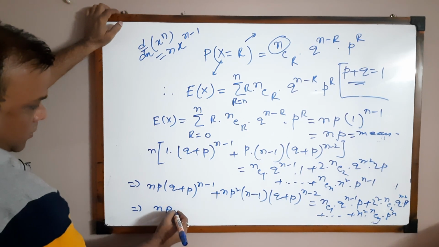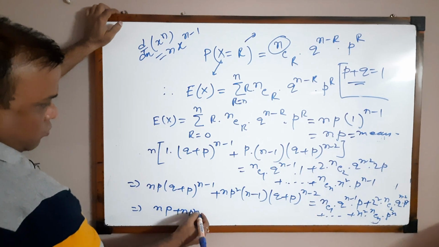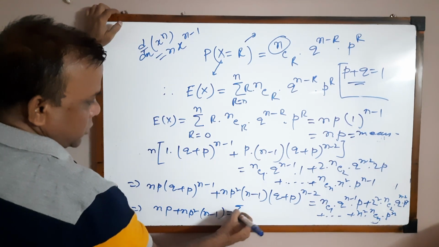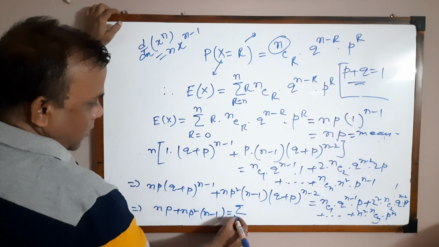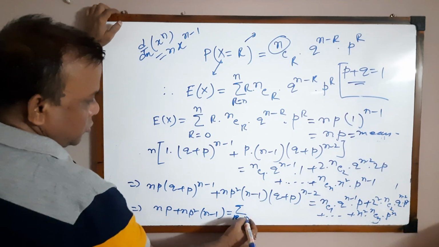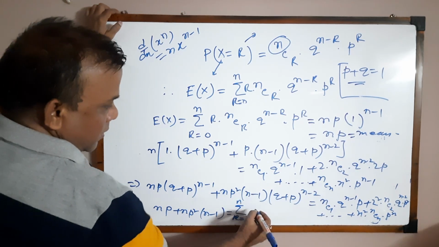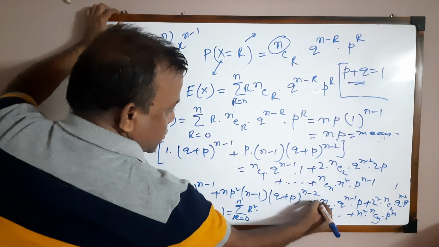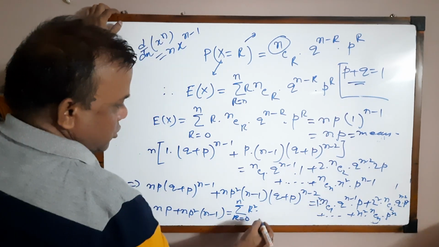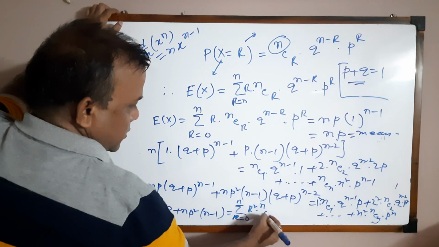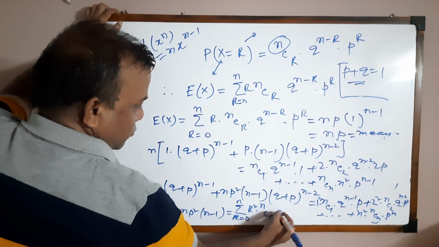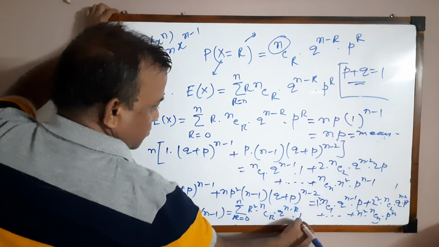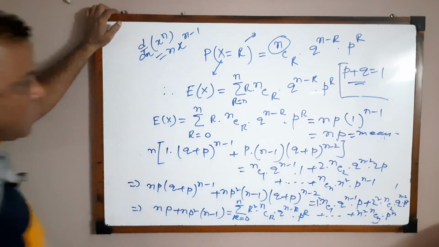So np plus np square into (n minus 1) is equal to summation r equals 0 to n of r square into nCr into q to the power n minus r into p to the power r.